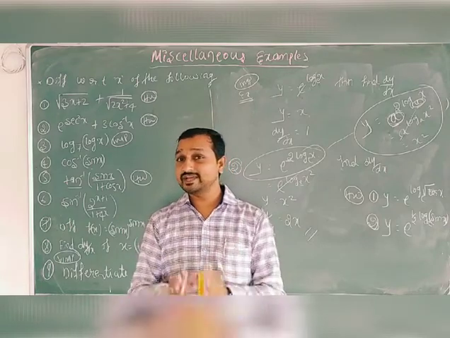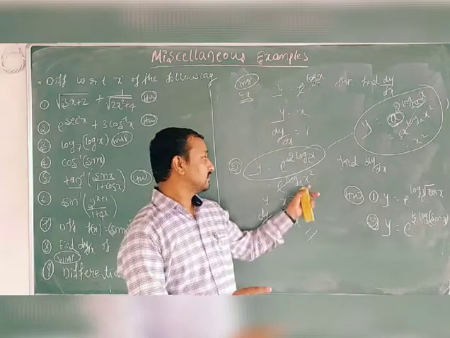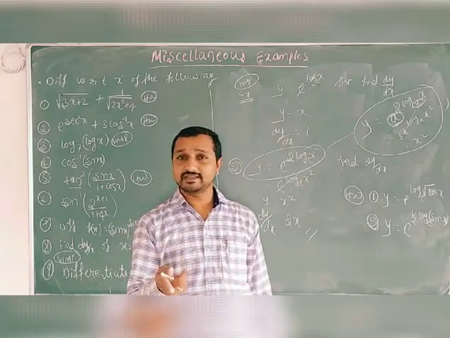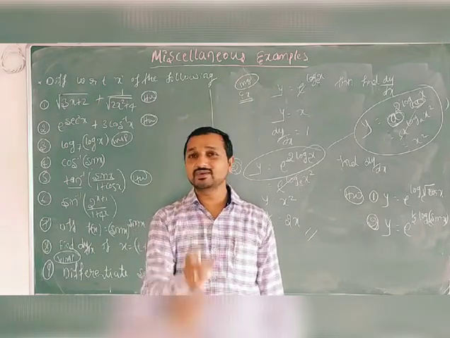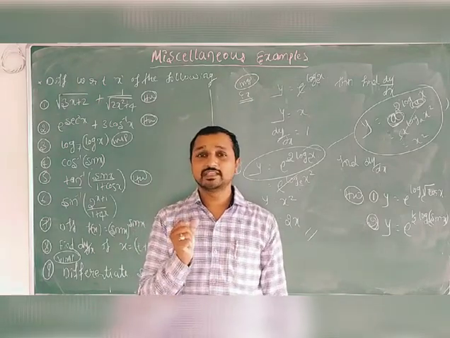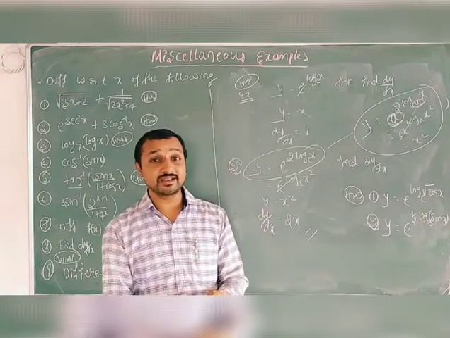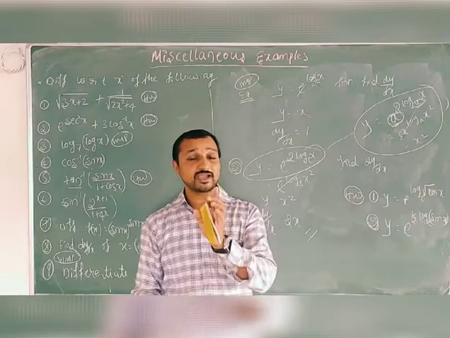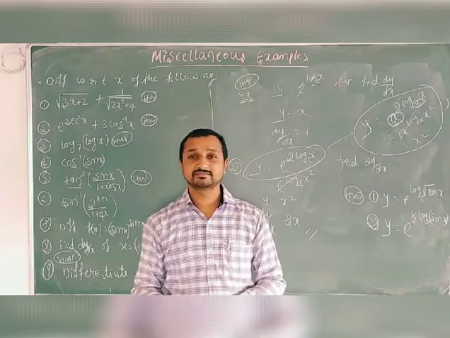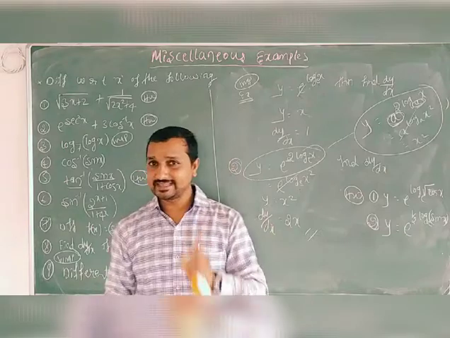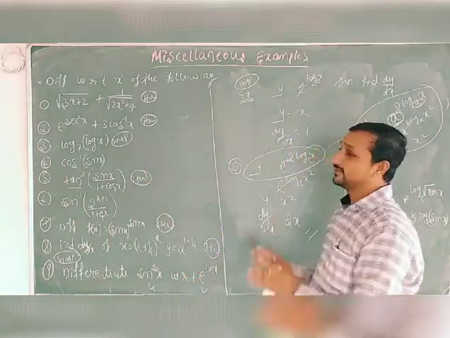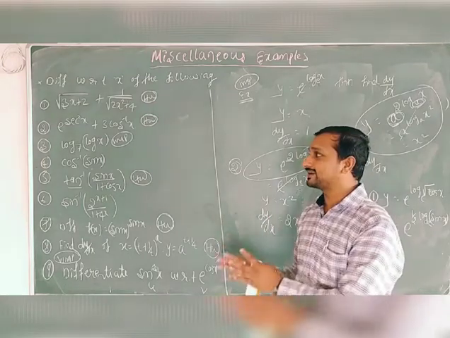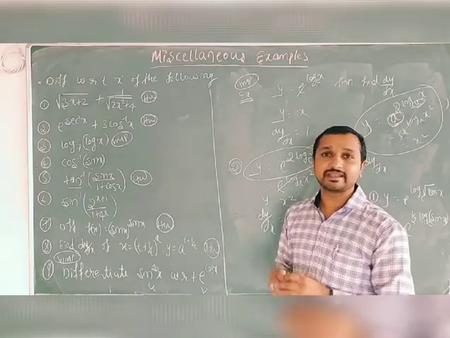Integration is the inverse process of derivative. If you are perfect in derivative, then integration is very easy. In integration there are 25 marks. That's why I say you should try the derivative chapter, a very easy chapter. If you are perfect in differentiation, you will be perfect in integration.